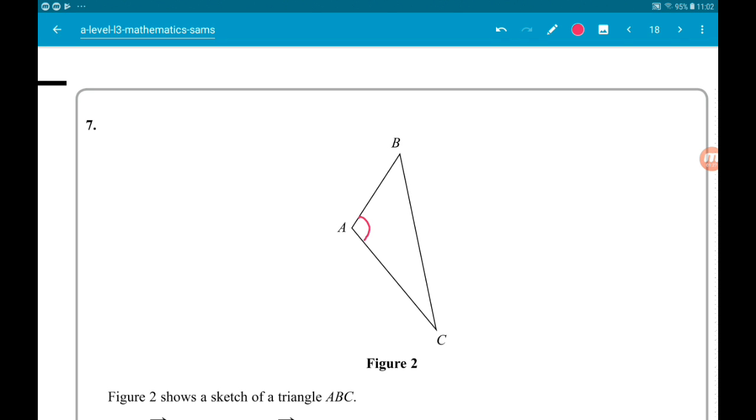So what I'm going to do is write these vectors in column form first of all, because I think they look less scary.